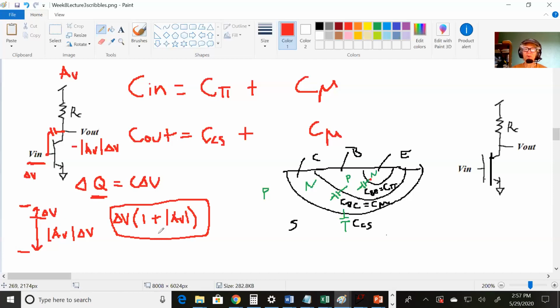All right. So because on the input side, you had to put 1 plus AV times more charge onto that capacitor, it actually looks like it's 1 plus AV times bigger. The voltage changed 1 plus AV times more than your side is trying to change it.